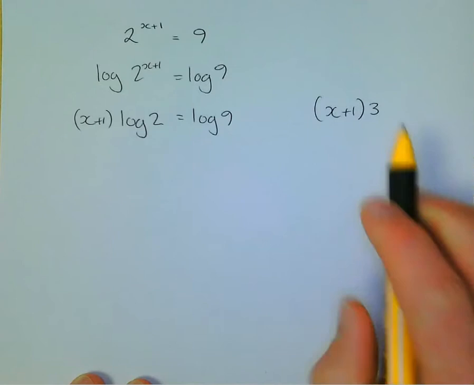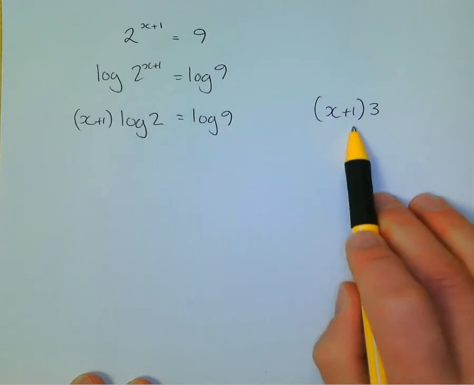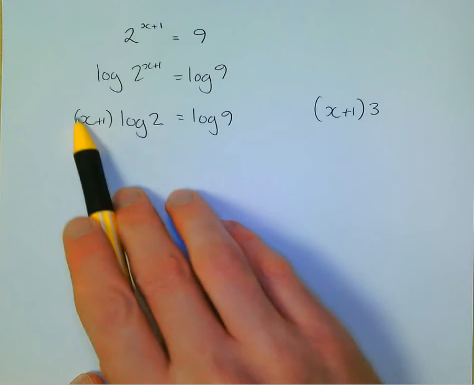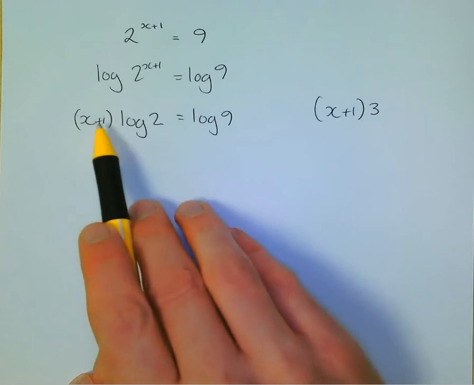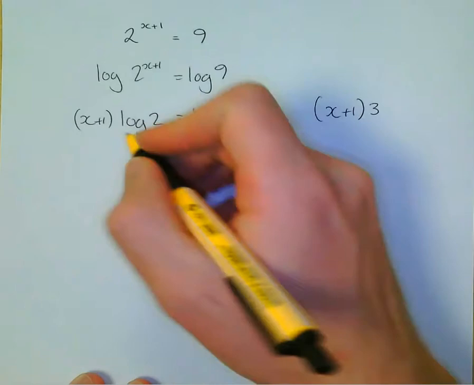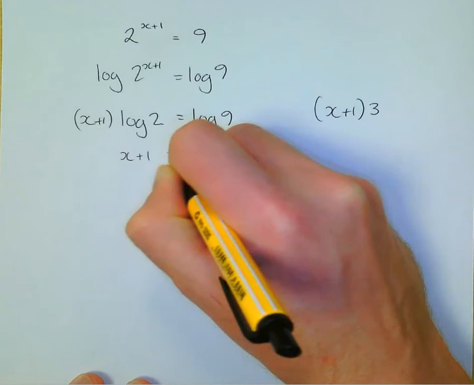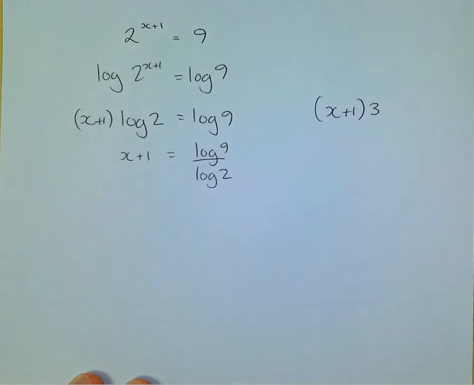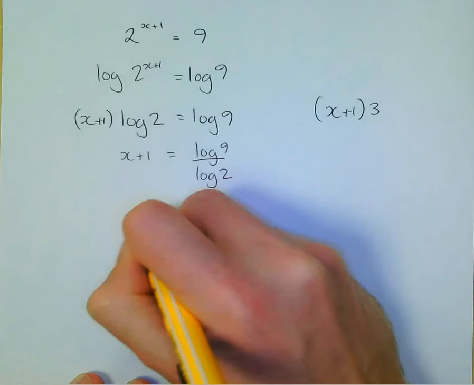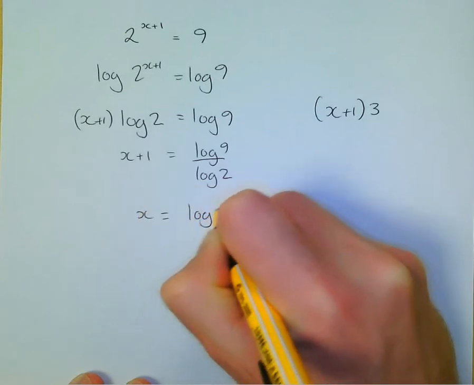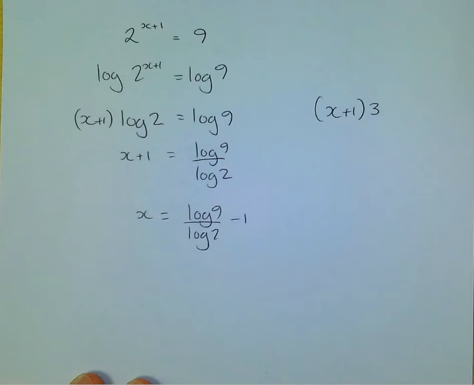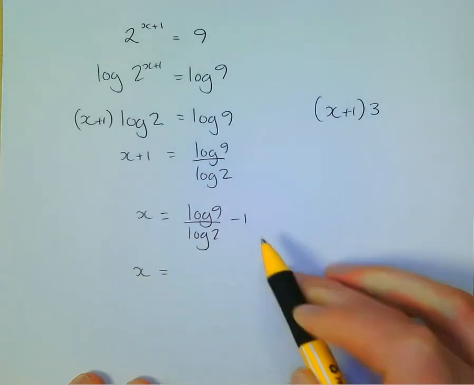And if you saw that, you'd probably think, oh, let's expand this. But we want to get x on its own, so there's no need to do that. We can just leave this term here on its own by dividing by log 2. So we're going to get x plus 1 equals log 9 over log 2. And to get x on its own, we're going to do log 9 over log 2, take away 1.